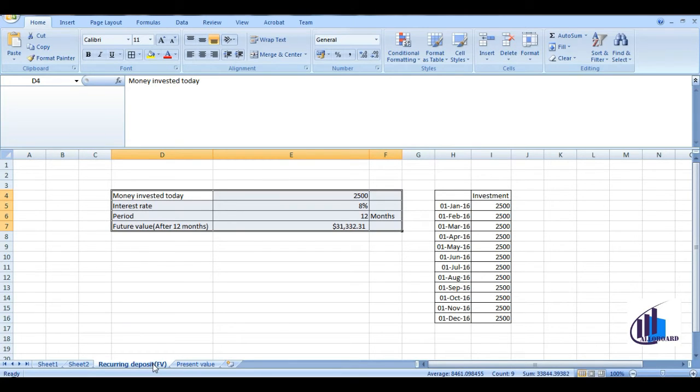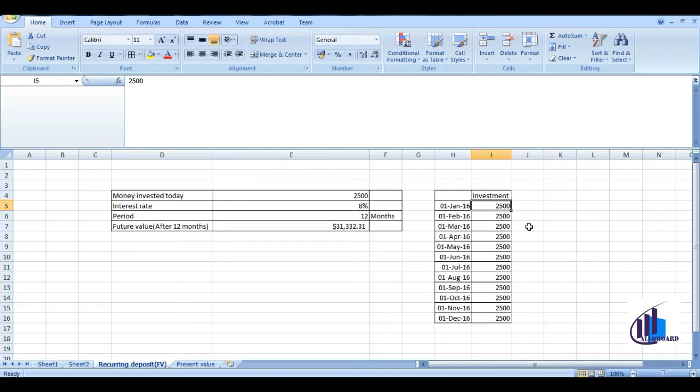A bank customer can deposit a little bit of money each month. In this example, I have given an example of 2,500. In this case, a customer deposits a certain amount of money on a particular day each month, and he'll be expected to get a future value based on the money which he invests.